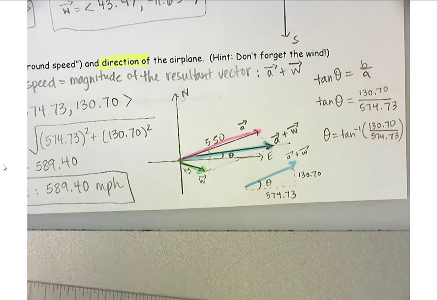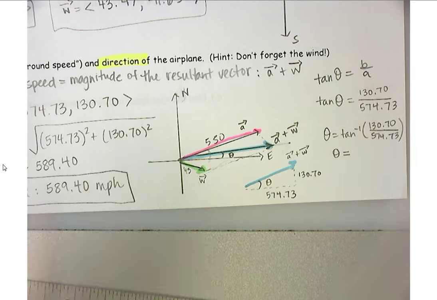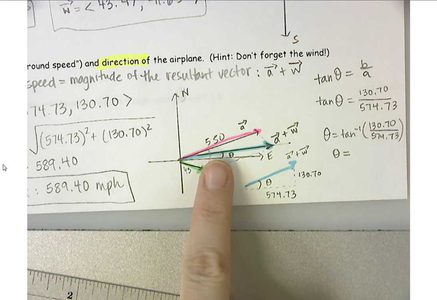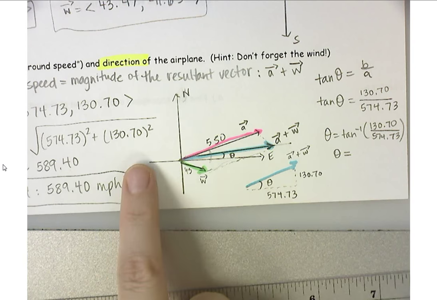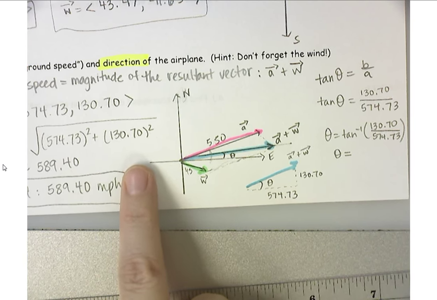So I'm going to do the tangent inverse to find theta. Now your theta value is going to start from the horizontal line. If you find theta in quadrants 1 or 4, it's going to be with the east line. If I happen to be in these two quadrants, then theta would be in relationship to the west line.